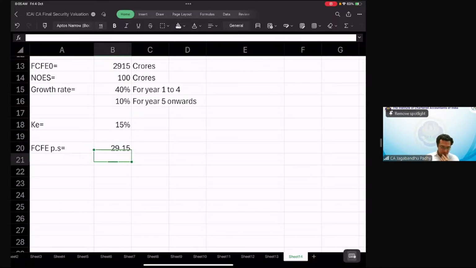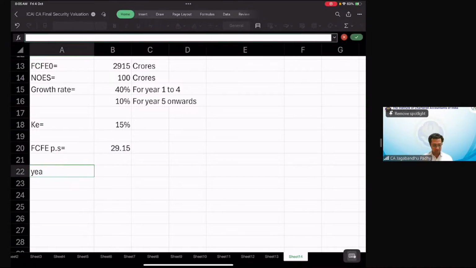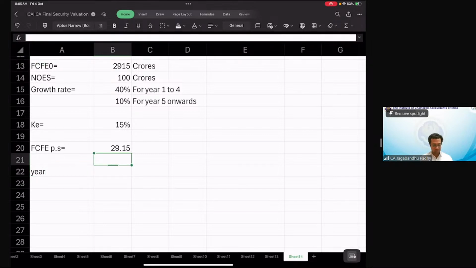First, what we need to do is get the FCFEs for the respective years. That FCFE will of course be dependent on the growth.